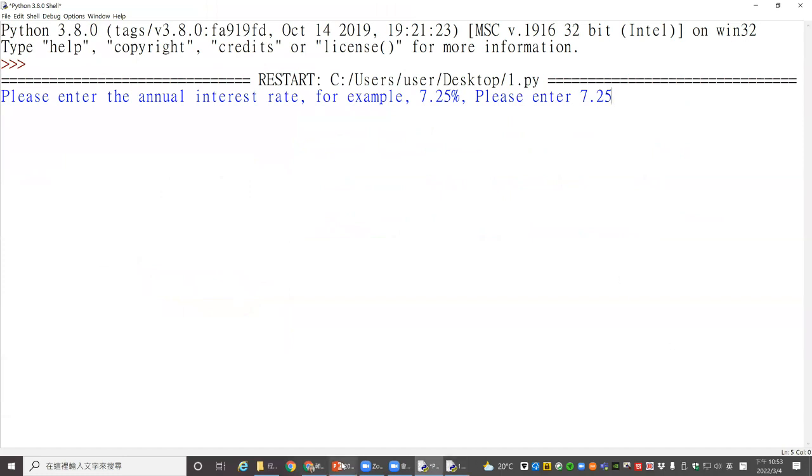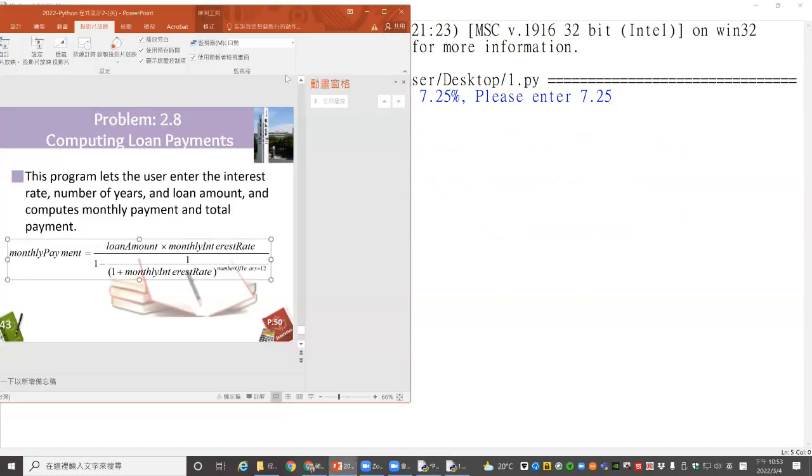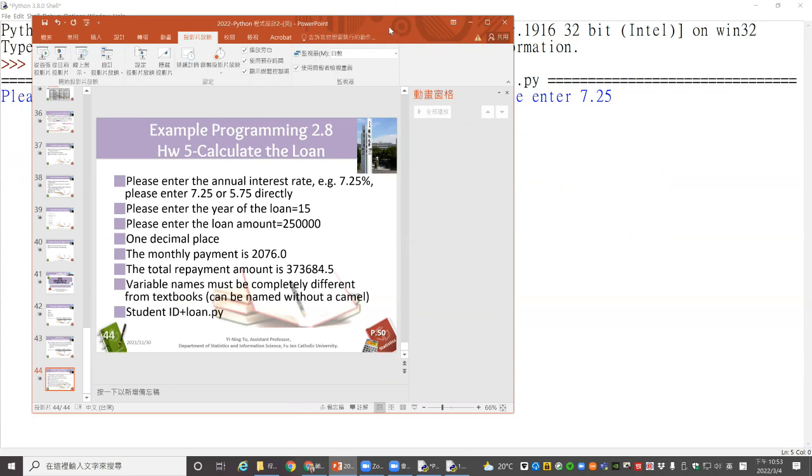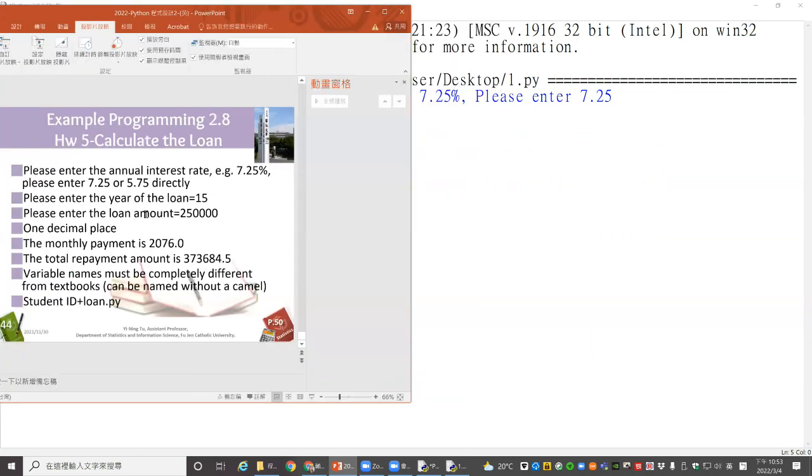The textbook teaches us we have some values to check. For example, here, if we use 5.75, and loan 15 years, and the total amount is 250,000.